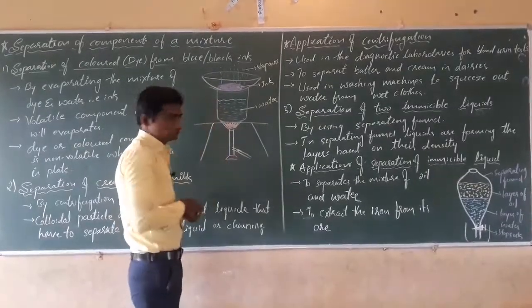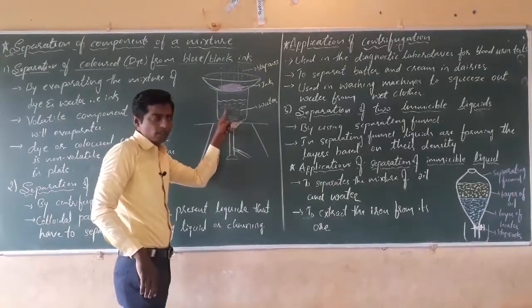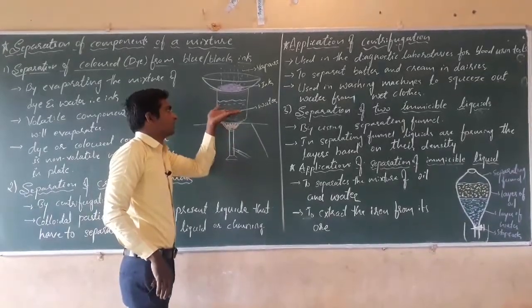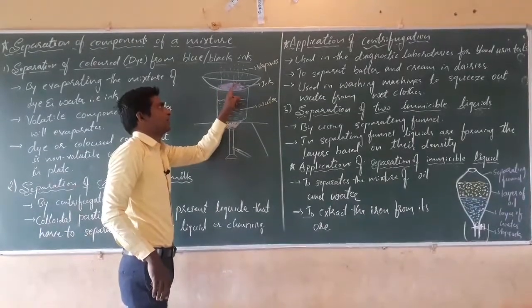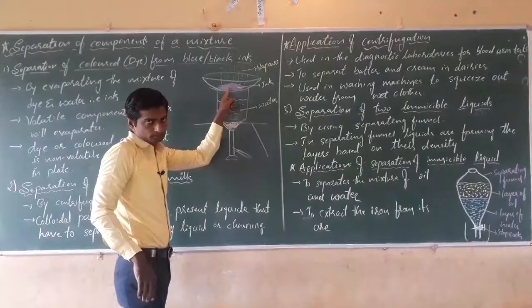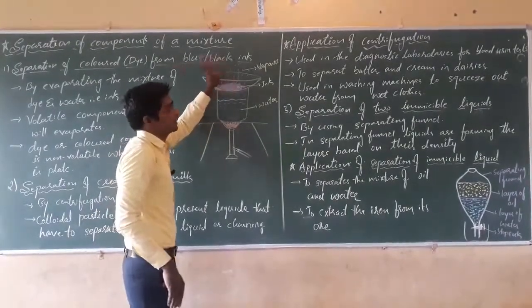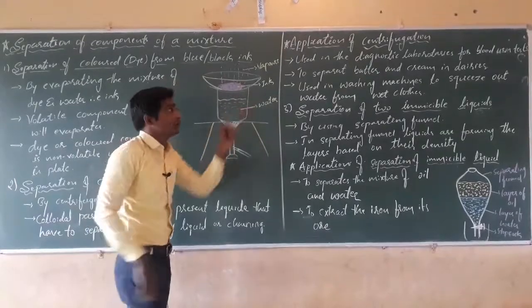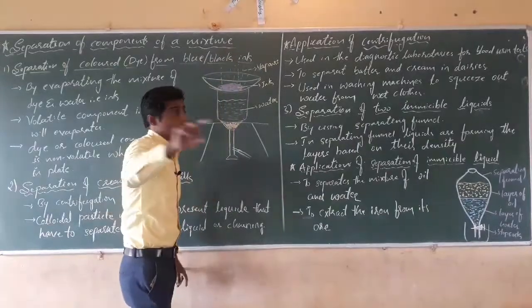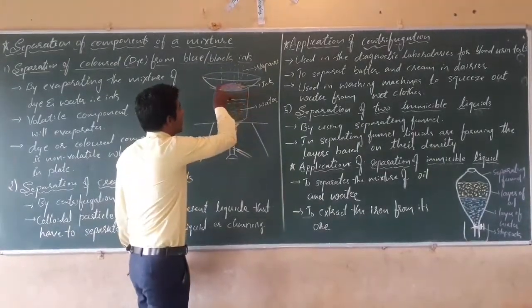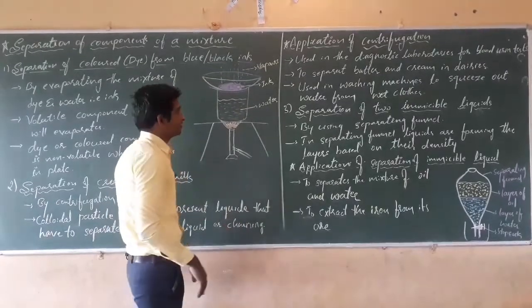On heating, the water in the beaker will warm up, and the ink in the petri dish will also get warm. The liquid material in the ink starts to evaporate. The volatile substance will vaporize and the non-volatile substance will remain in the petri dish.